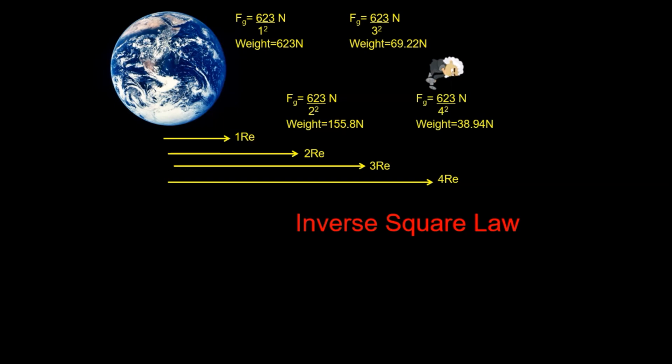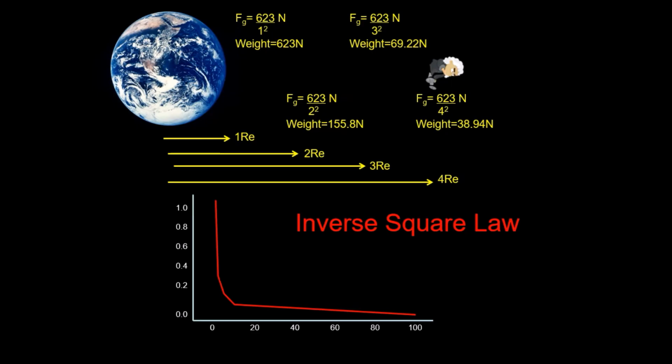Let's take him out to 4 Earth radii, where he's now 623 over RE squared, so over 4 squared, and he's going to end up with a weight of 38.94 newtons. So 1 over r squared gives you an inverse square law showing the force of gravity dropping off in this kind of fashion.